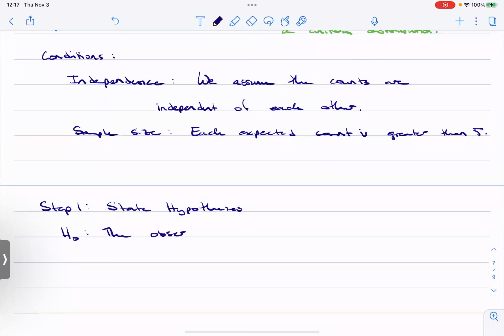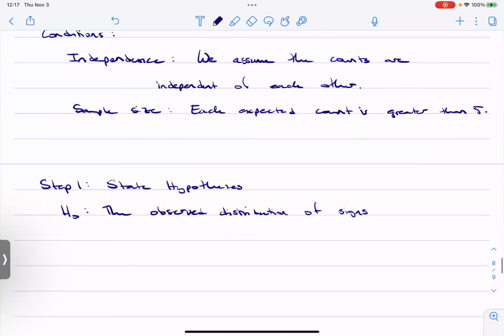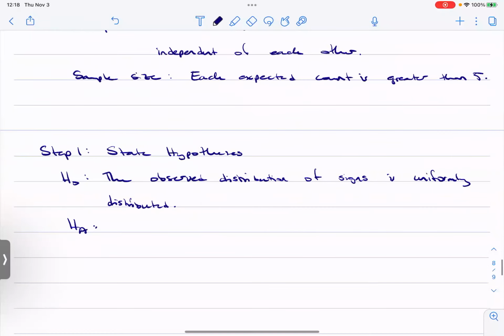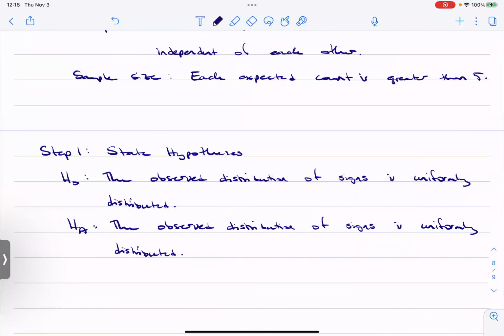The null: the observed distribution of signs is uniformly distributed. And the alternative is that it's not.